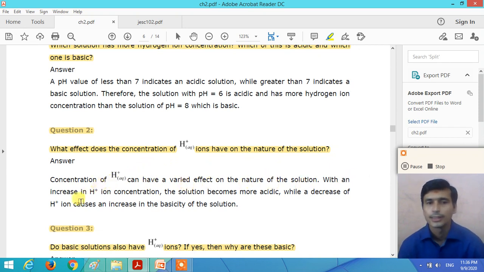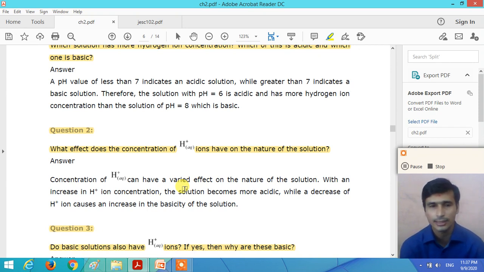With an increase in H plus ion concentration, the solution becomes more acidic, while a decrease in H plus ion concentration increases the basicity of the solution.